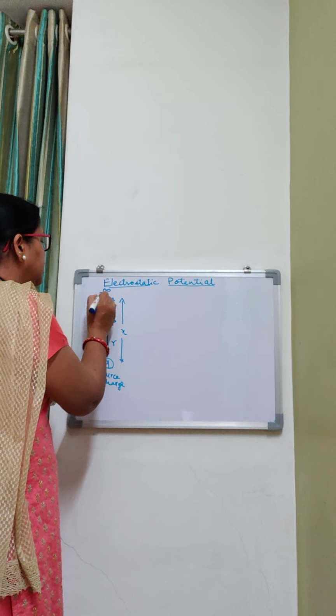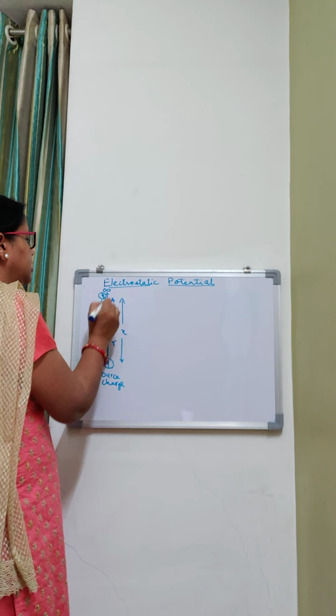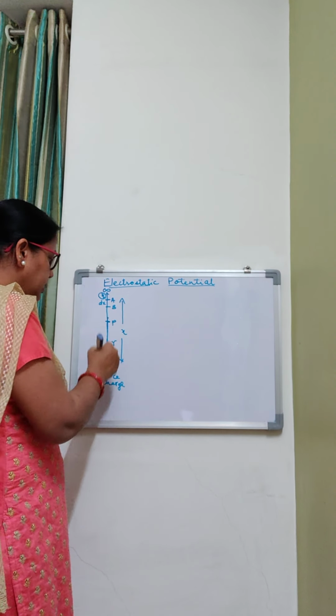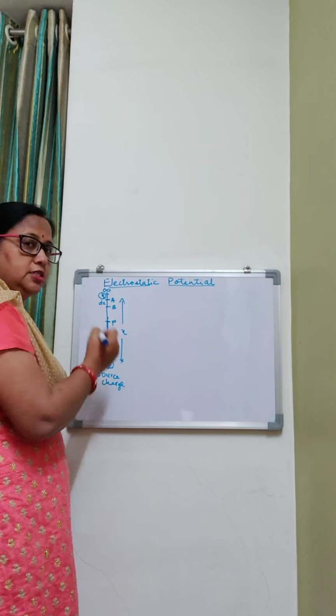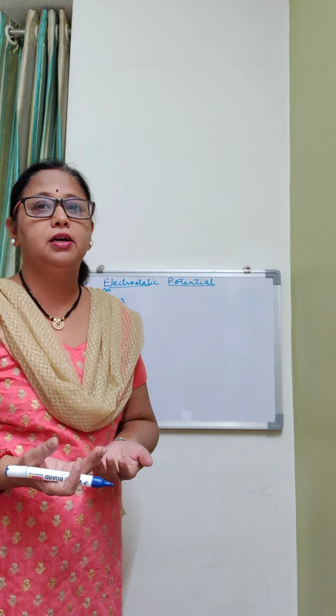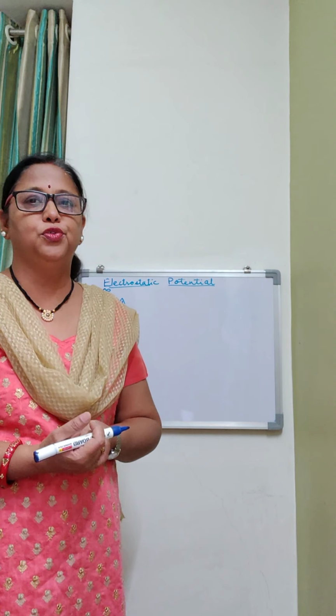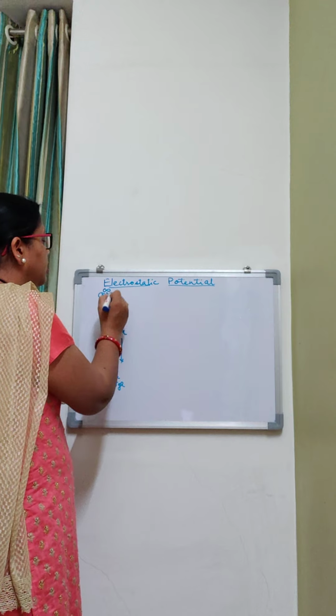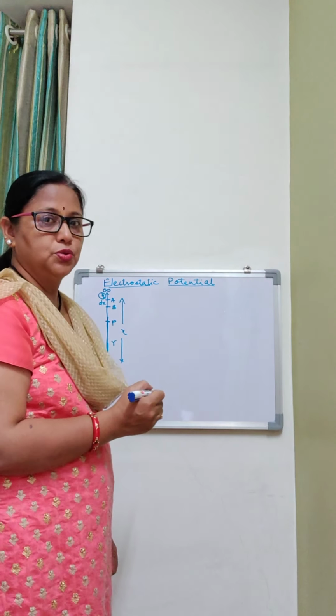So therefore on this particular charge the force is away from the source charge. Since we are bringing this test charge near the source charge, we have to do work against the electrostatic force of repulsion. The force is acting in this direction. We are bringing it towards the source charge.